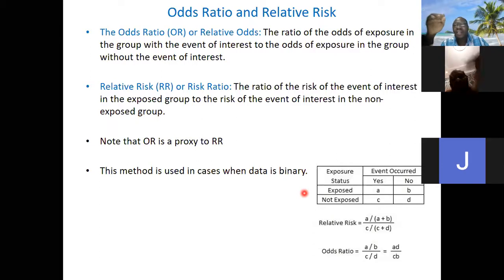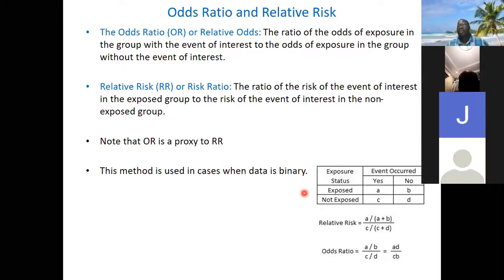But we have discussed the relationship between them before in our measures of association, where we said that once the risk ratio is above 1, the value of odds ratio is greater than relative risk. If the risk ratio is below 1, the value of odds ratio is less than relative risk. We have discussed it, and you can convert from odds ratio to relative risk.